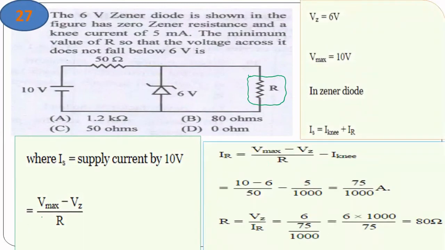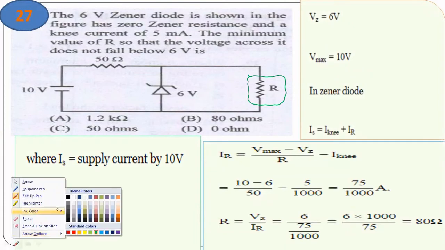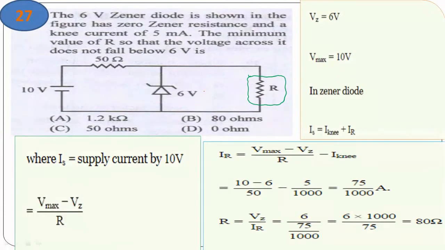Now, if we look into the circuit with the details given, we can understand that the voltage across the Zener diode is Vz, and from the information given in the circuit, the maximum voltage available is 10 volts. Right. Now, we can calculate the current through the resistance as Vmax minus Vz divided by R minus IK.